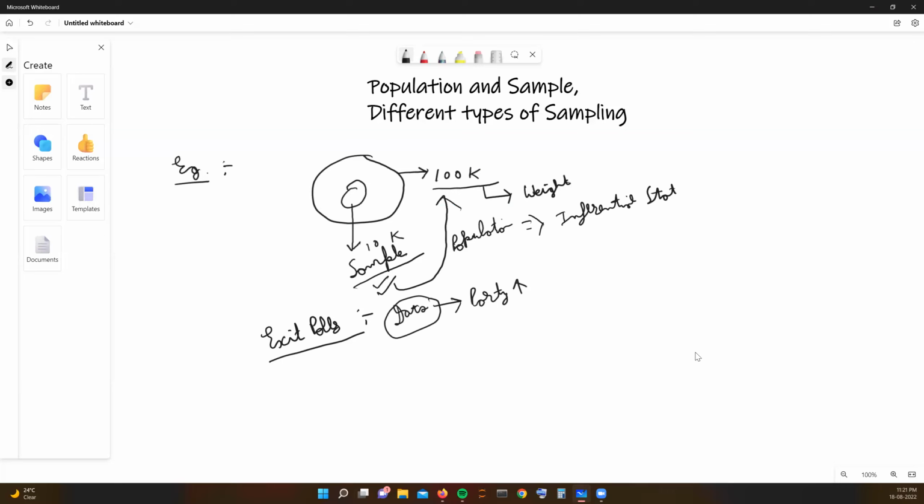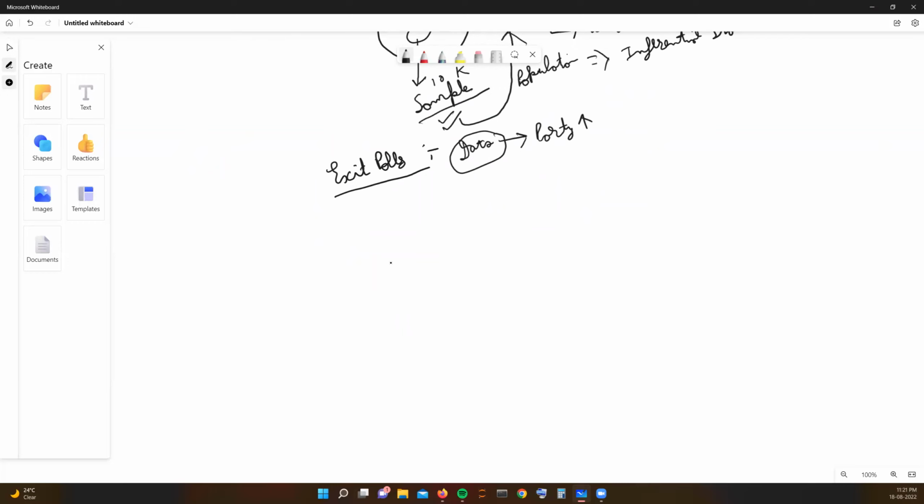Now coming to the next part, different types of sampling. We have discussed that we take some samples out of a population, but what are the different types of sampling techniques, and how can these samples be drawn from the population?